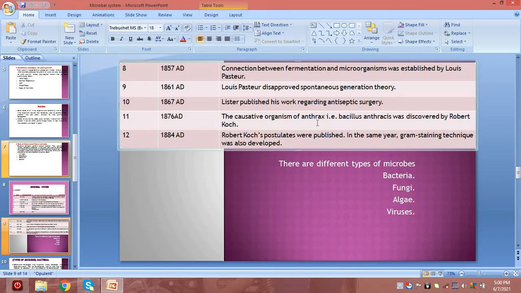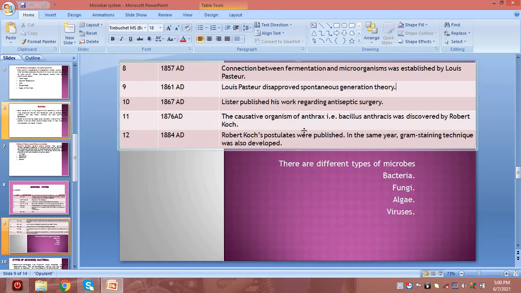This anthrax disease is caused when the bacteria Bacillus anthracis enters the host, and this was discovered by Robert Koch in the year 1876 AD.